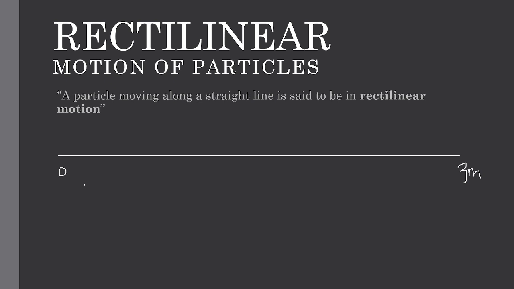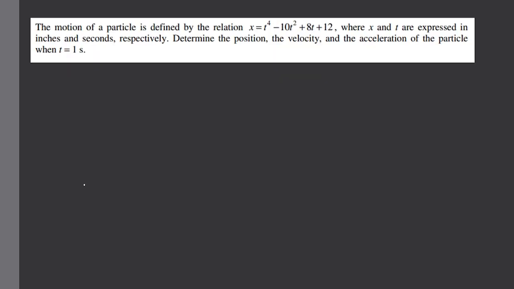To further understand, let's answer this problem. The motion of a particle is defined by the relation x is equal to t raised to 4 minus 10t squared plus 8t plus 12, where x and t are expressed in inches and seconds, respectively. Determine the position, the velocity, and the acceleration of the particle when t is equal to 1 second.